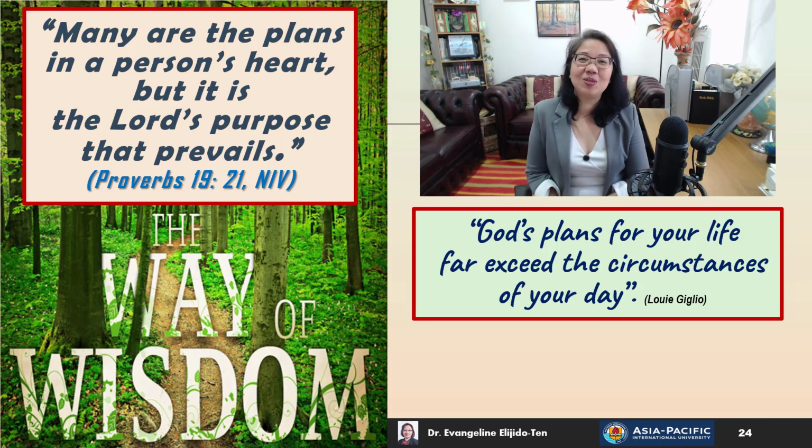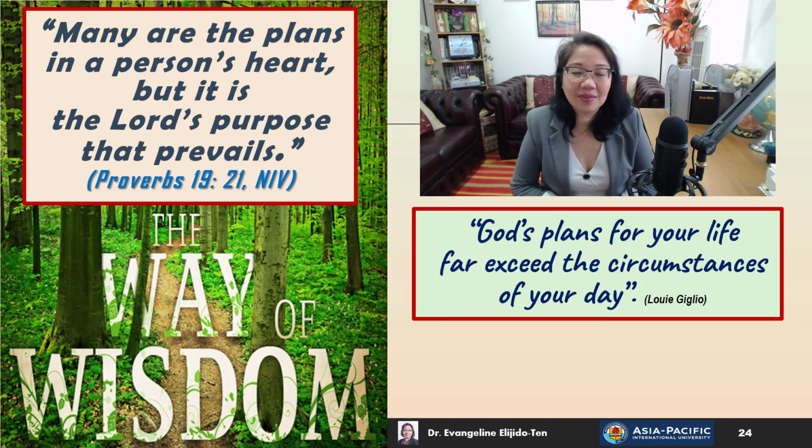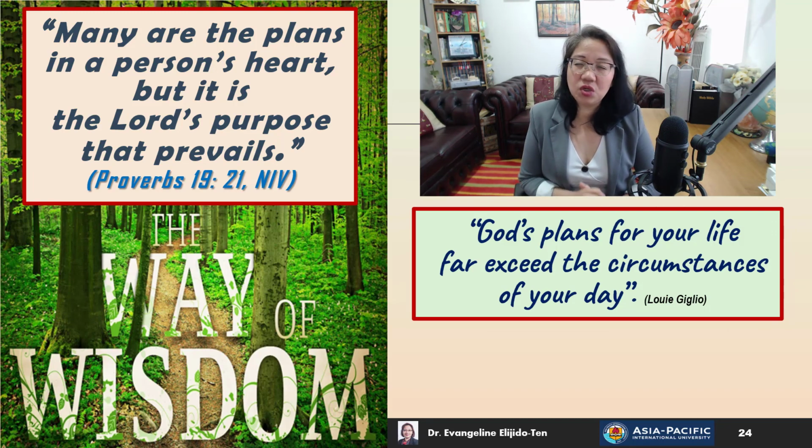Let us close with a word of prayer. Our gracious Father in heaven, thank you so much that we have come to the end of this lecture presentation. Father, we pray that as we continue on with the rest of the activities for this topic, each and every one of us will be able to learn how to apply this financial planning system and the budgeting system.